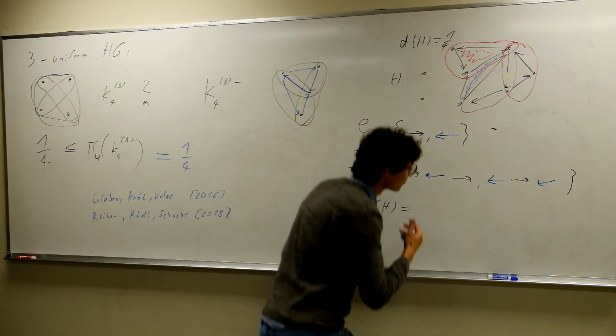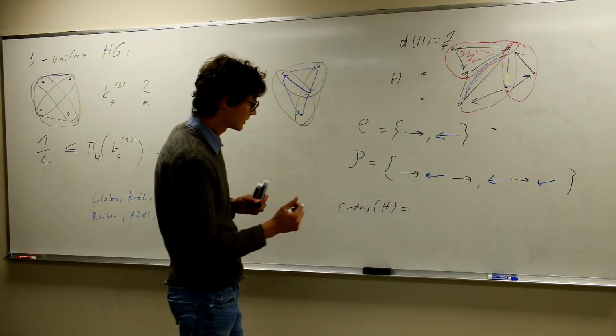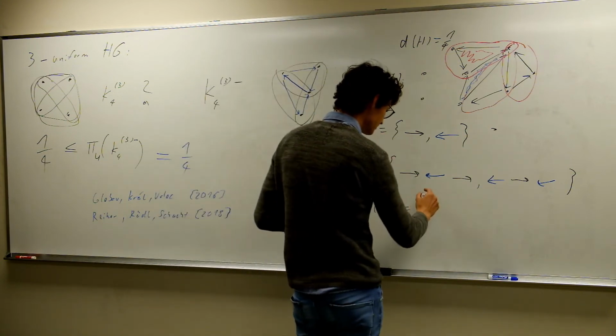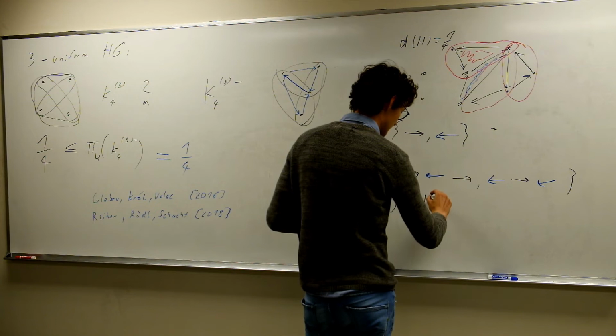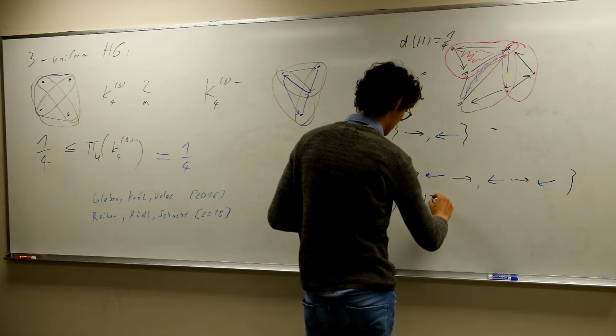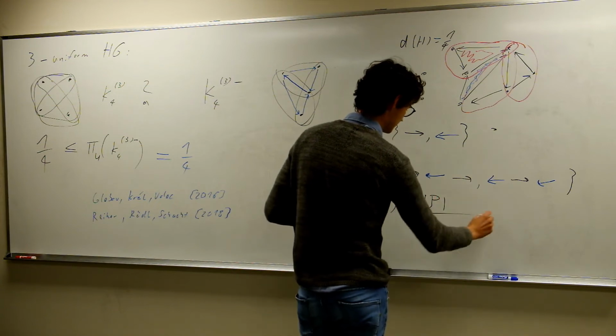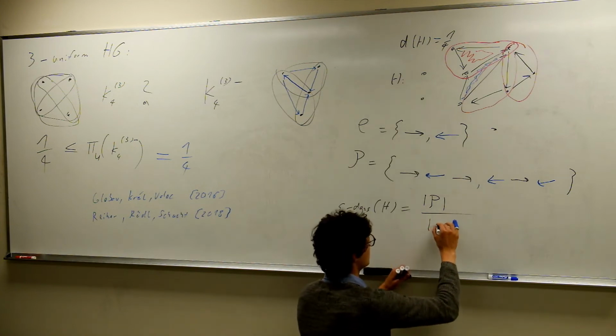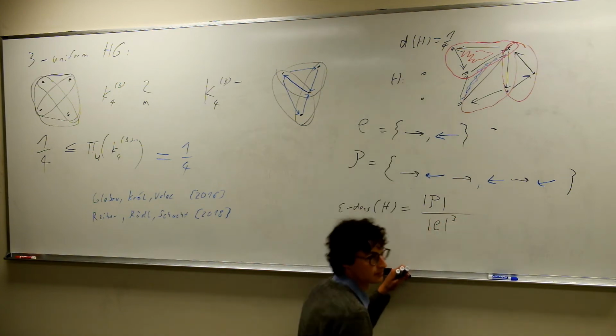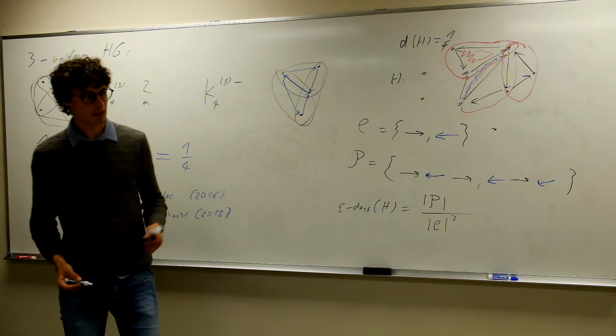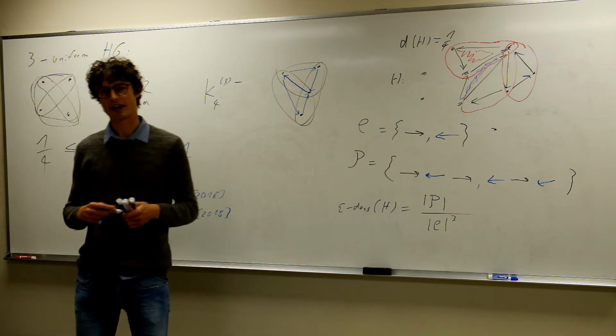And the epsilon density of the graphs is more or less almost surely the size of my good colorings divided by all colors to the 3. And by doing so, you can obtain lower bounds.